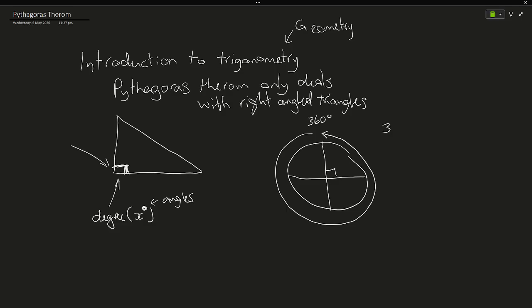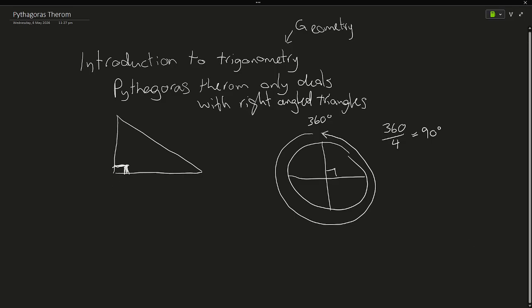So if you divide 360 by 4, this equals 90. So this little square here is 90 degrees, and that's how you can identify if it is a right angled triangle or not. So we got a bit sidetracked because we'll get into that once we get into trigonometry.